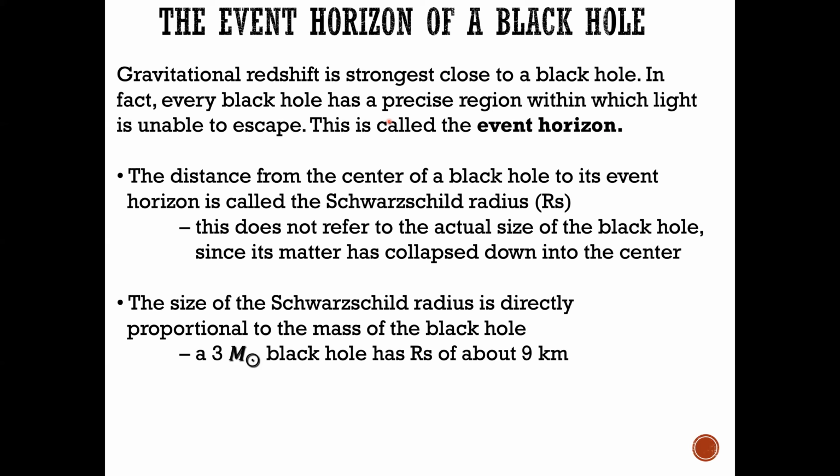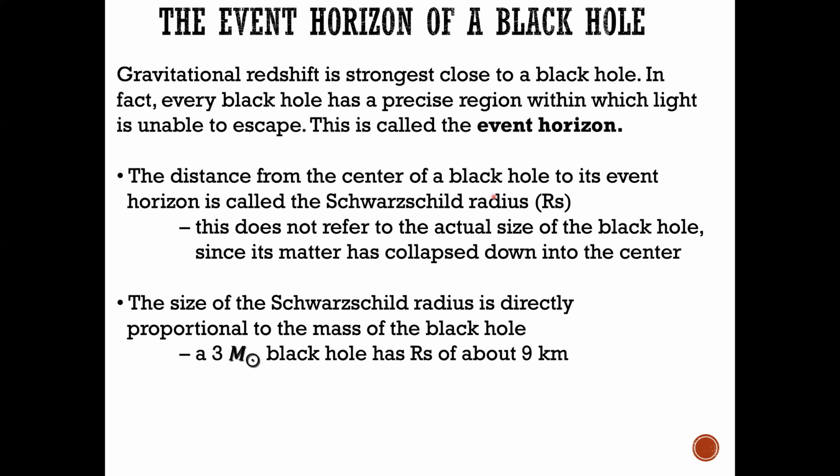If the light is unable to escape, you can't even think about escaping, right? Any other thing cannot escape. The light cannot escape because light has the maximum speed. And this region is called the event horizon, right? Now, this radius from the center of the black hole to this region is called the Schwarzschild radius.